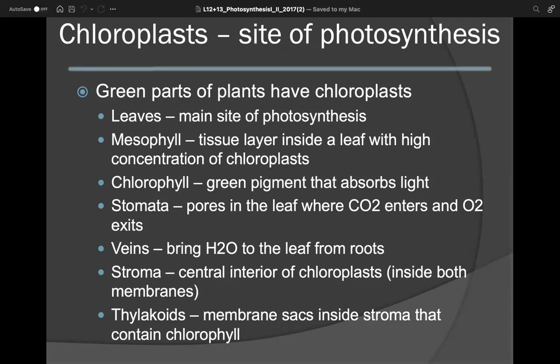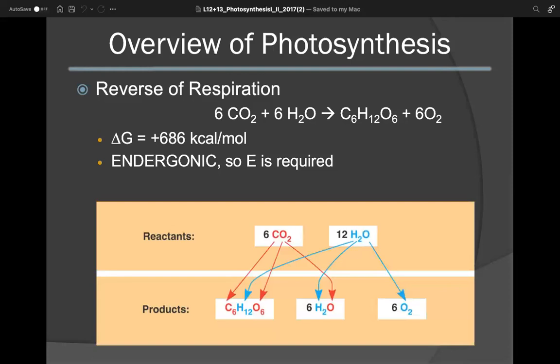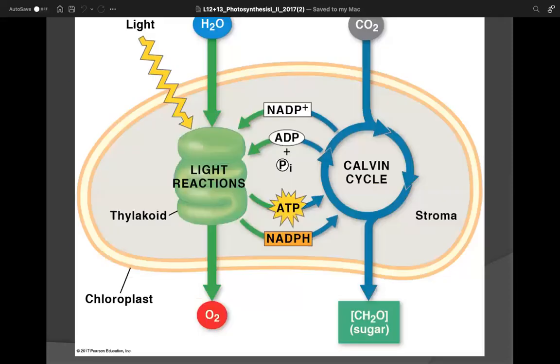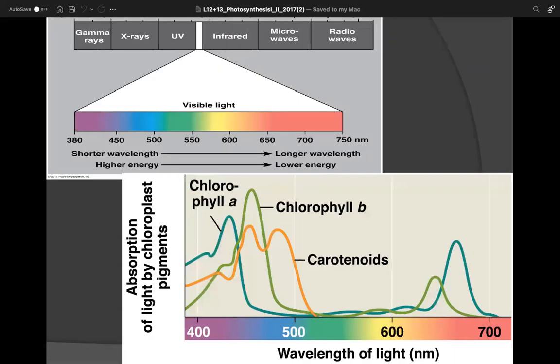So if you remember from our last conversation, the majority of light that's absorbed by chlorophylls A, B, and carotenoids falls in that 425 to 475, 490 wavelength range.